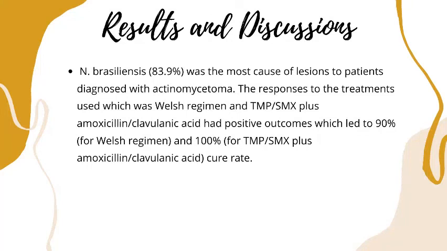Based on the data presented above, N. brasiliensis with 83.9% was the most common cause of lesions in patients diagnosed with actinomycetoma. The responses to the treatments used, which were the Welsh regimen and TMP/SMX plus amoxicillin/clavulanic acid, had positive outcomes, with a 90% cure rate for the Welsh regimen and 100% for TMP/SMX plus amoxicillin/clavulanic acid.